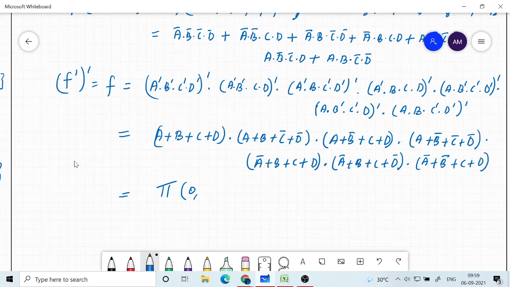Then the next one is 3, right? And the next one is 4. Next one is 7.